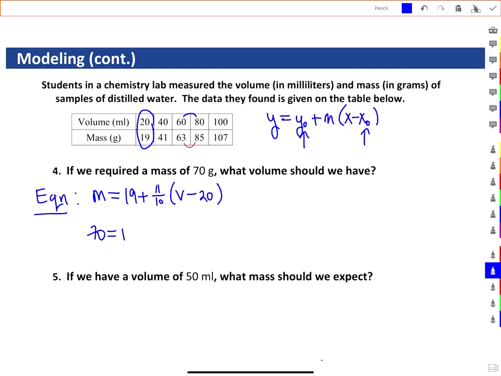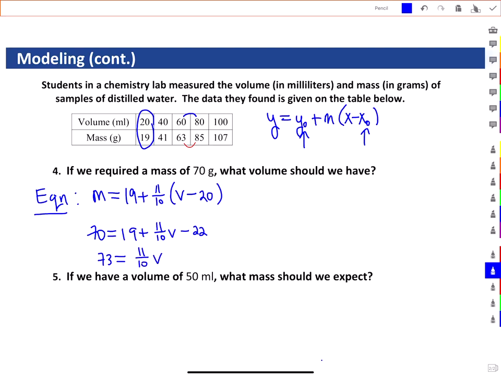So 70 equals 19 plus, let me distribute this value through. So 11 over 10 v, and then that's going to be minus 22, because the 20 divided by 10 is 2, so 11 times 2, 22. It really doesn't matter which order here, but the 19 and the 22 are going to have to get scooted over here with the 70. So that gives us a -3, so we add that over, so that's going to be 73 is 11 over 10 v.